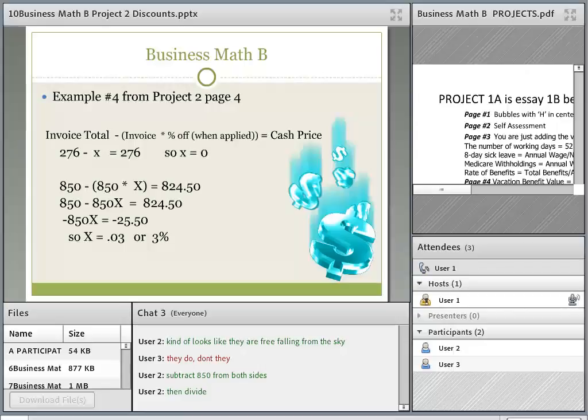So then when you divide both sides, what number are we going to divide both sides by? Yes, divide by 850. Very good. You'll get 0.03 or 3%. And that's your answer for line number 3. Okay, those are the primary ways that you're going to calculate the answers for these on this project.